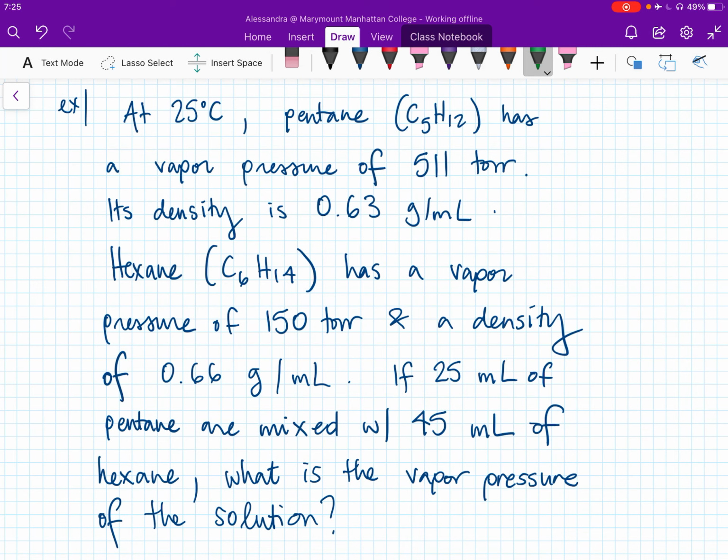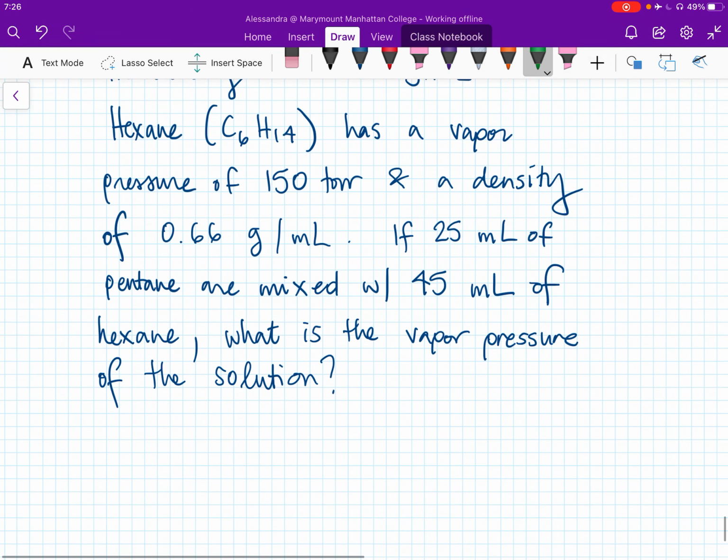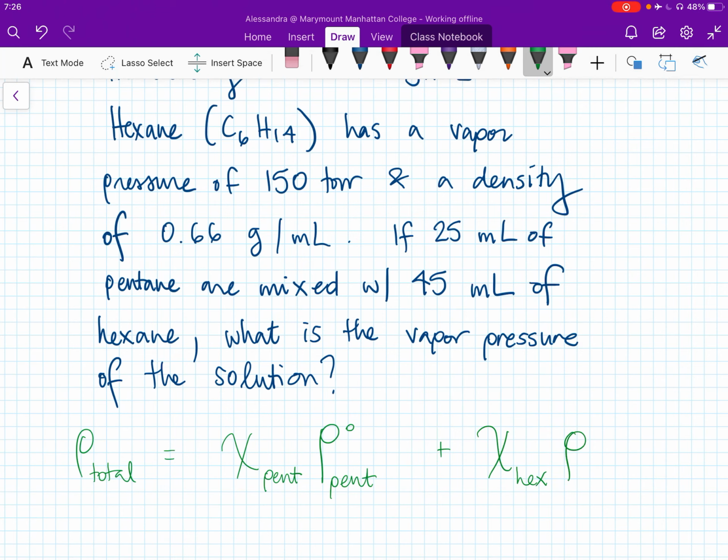They're molecular, not ionic salts. So that means we have to calculate the total vapor pressure by adding up the mole fractions of the components: the mole fraction of pentane times the vapor pressure of pure pentane, plus the mole fraction of hexane times the vapor pressure of pure hexane.